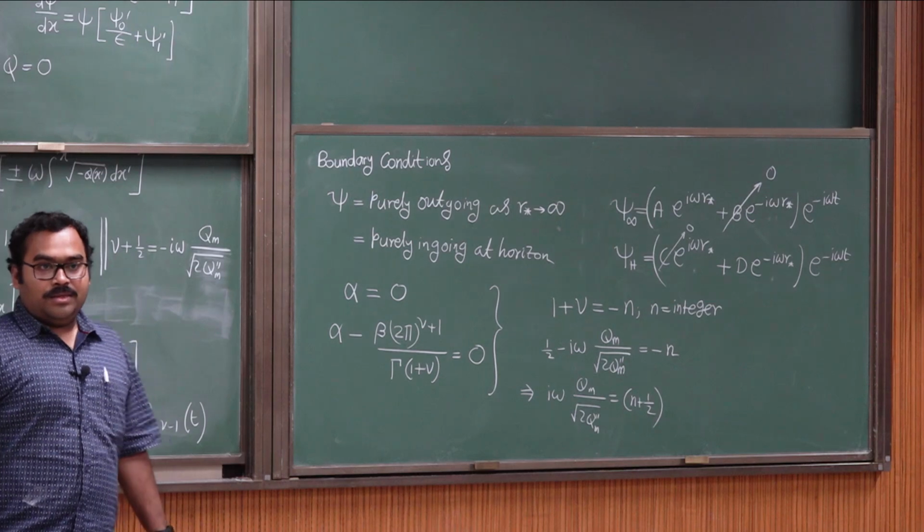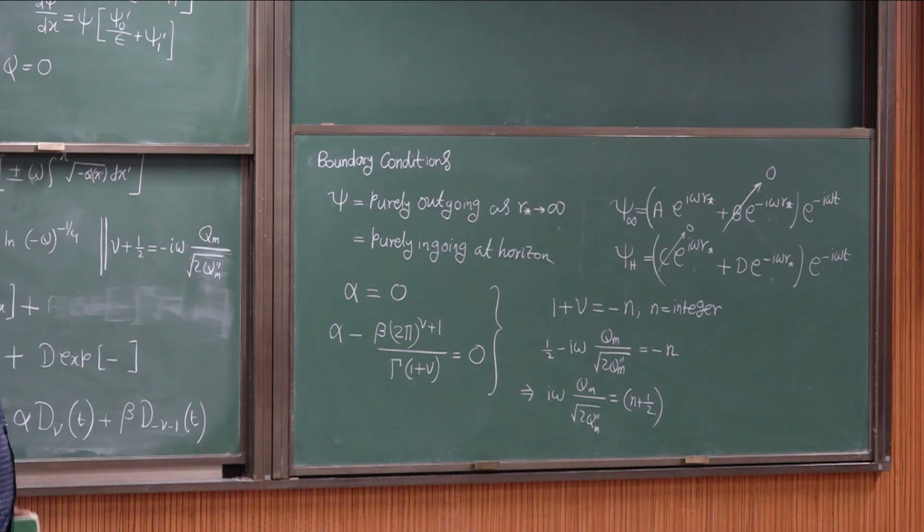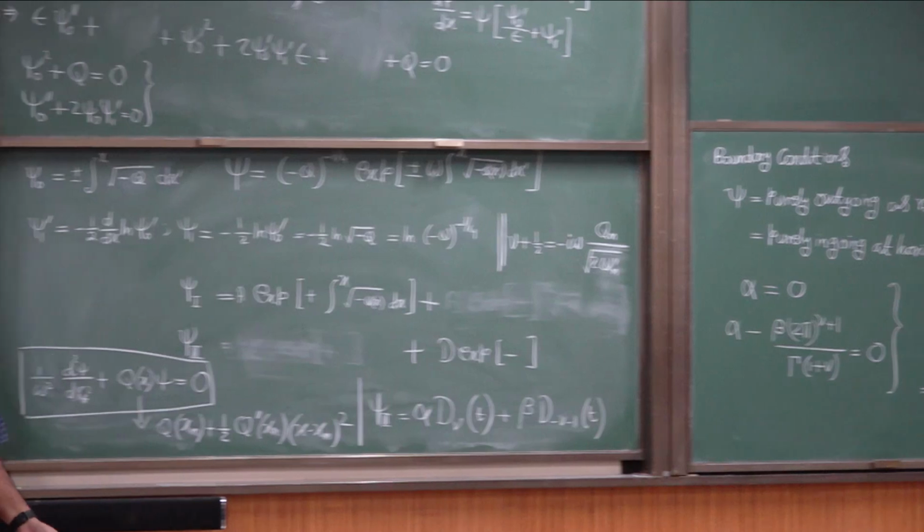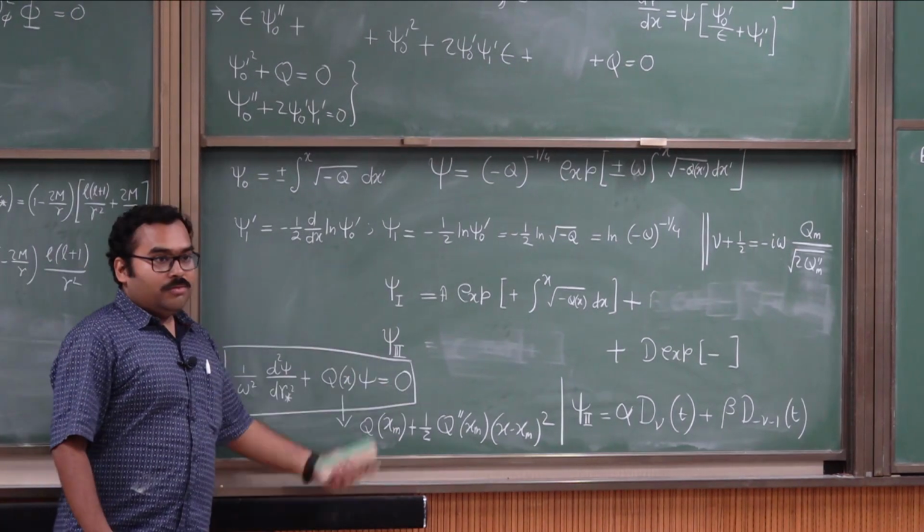What happened? Then psi 2 is 0. It cannot be, right? How can you match? Then this will also be 0.